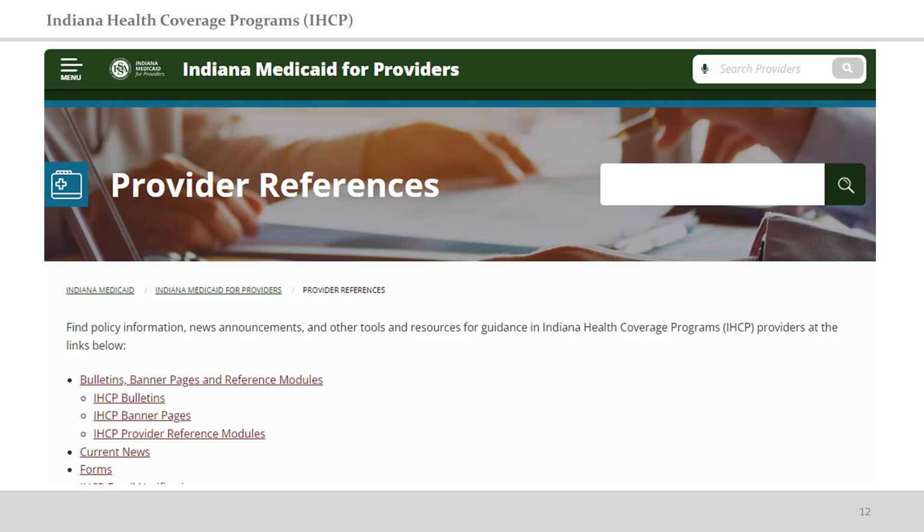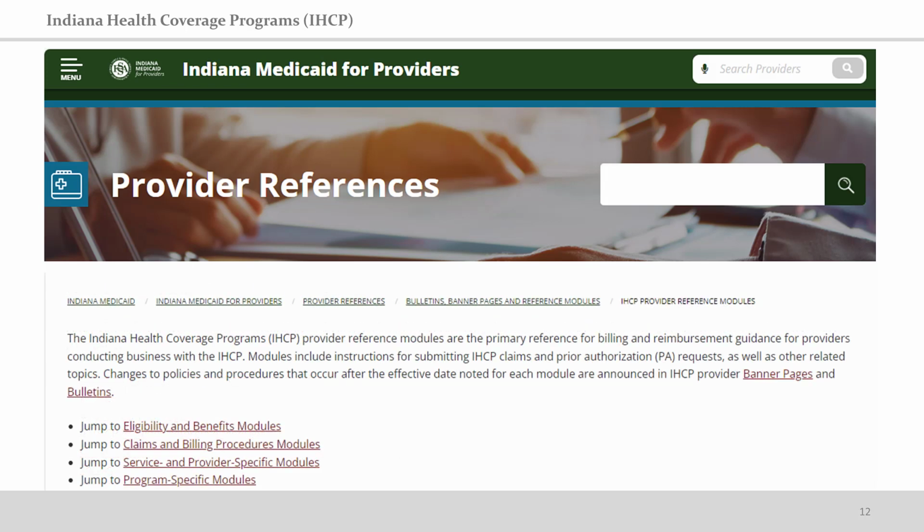You can access the Provider Reference module by selecting the IHCP Provider Reference Module link. This page provides you with a primary reference for billing and reimbursement guidance for providers conducting business with the IHCP.